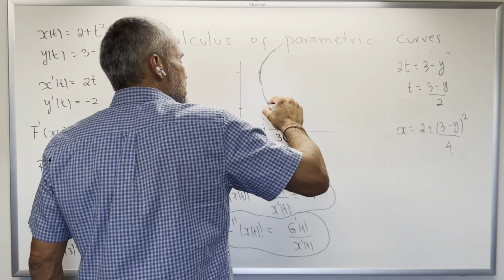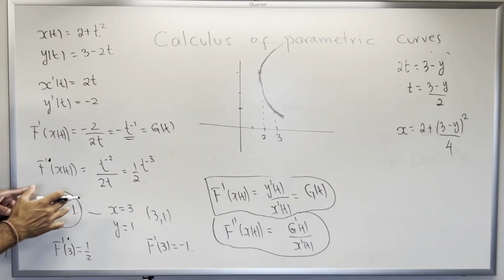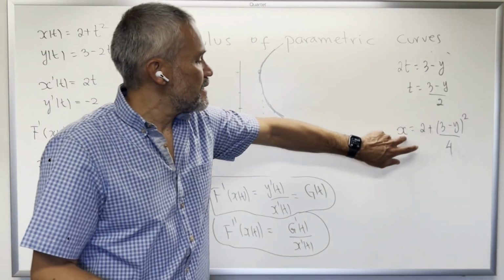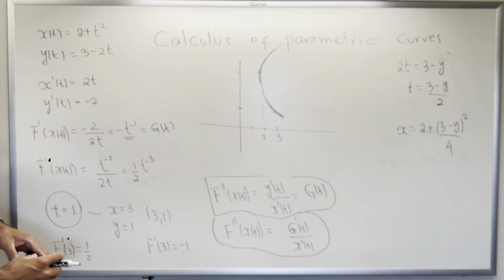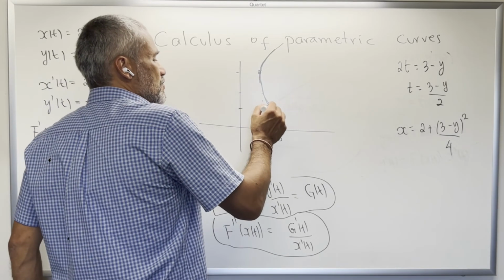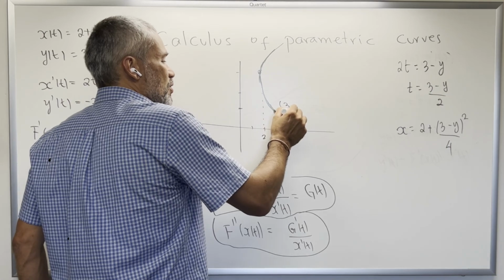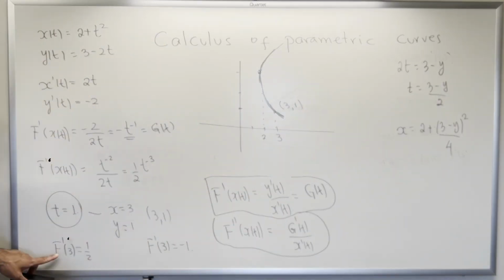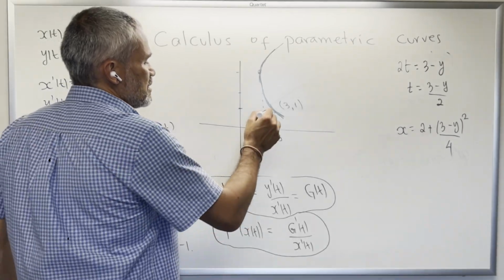It goes like this. But in the study that we did, we didn't need to know this relation to find the first derivative and the second derivative of that function. Here is the function, it goes like this. We were analyzing the point (3, 1), because t is equal to 1. We were doing everything at this point.